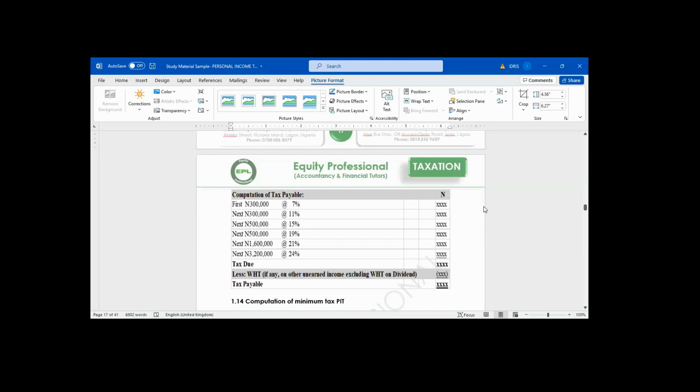You are right. Let me just open an Excel for better illustration.